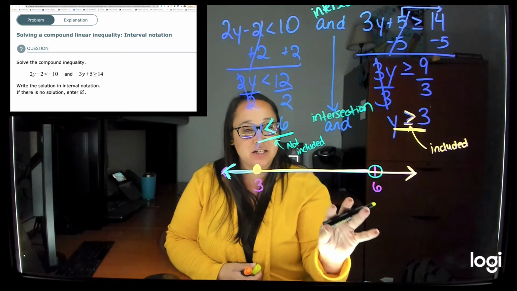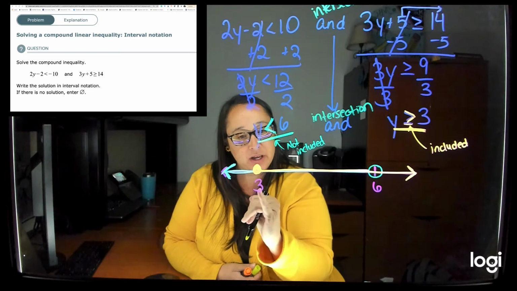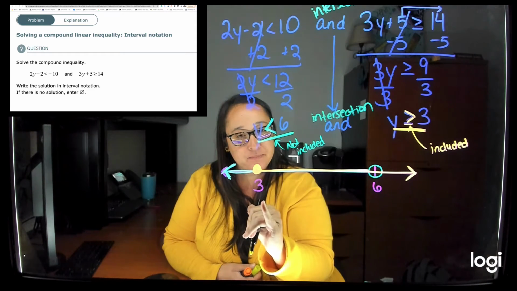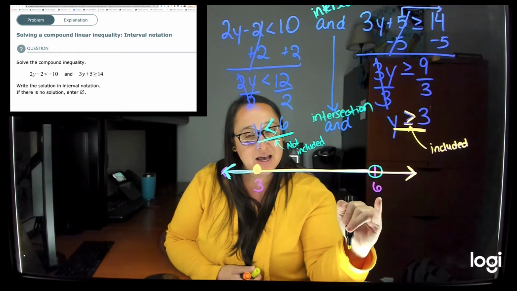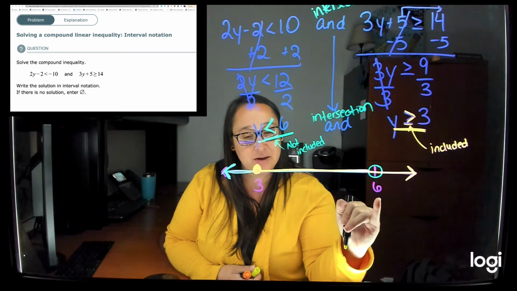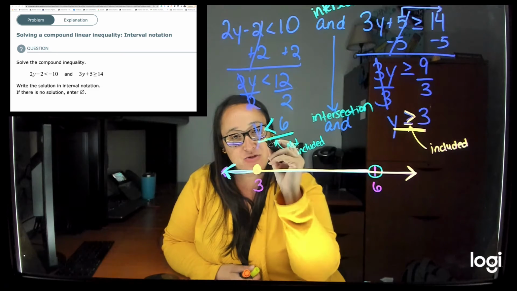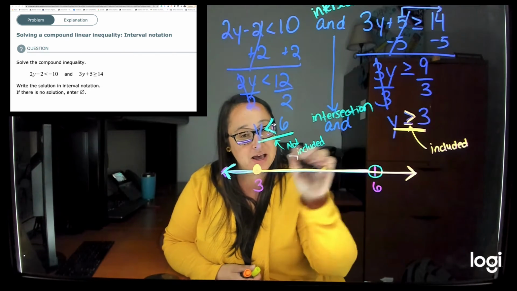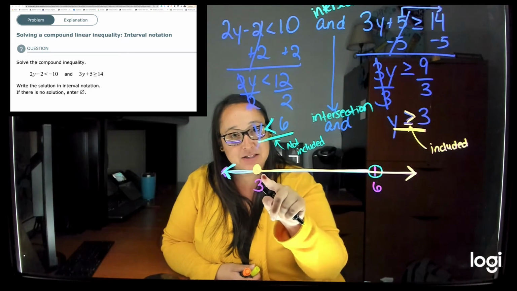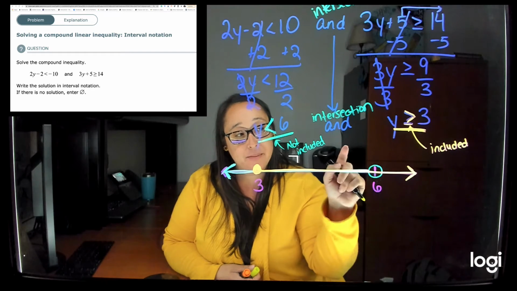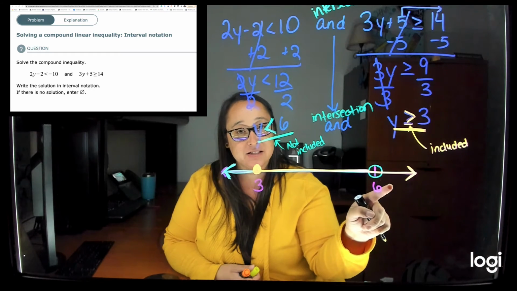So my intersection happens between the number 3 on my number line and 6. The difference here, though, at these points, is that 3 is included as part of my answer, but 6 is not, because I have an open circle at 6.